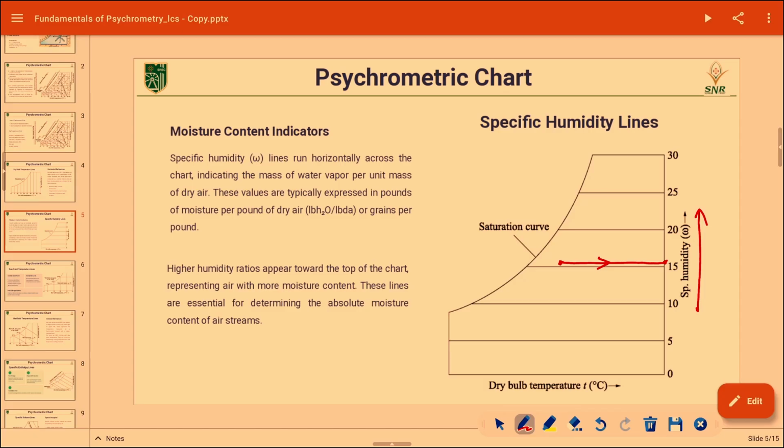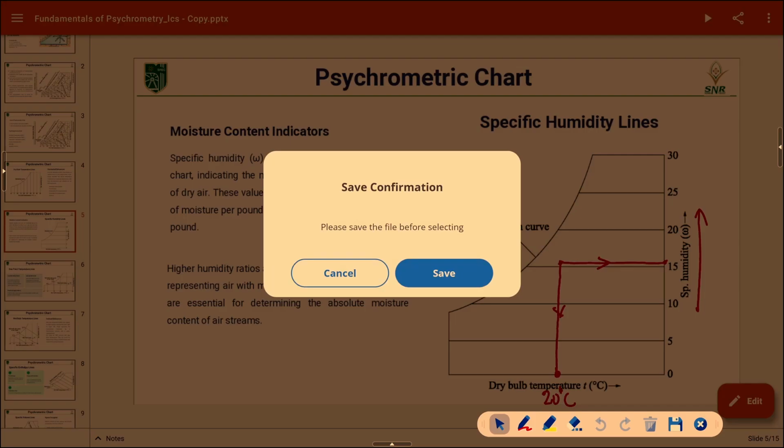Now take the dry bulb temperature, move down vertically, and take the value here, say 20 degrees Celsius. So, these are the values of dry bulb temperature and specific humidity, which we can directly take from the psychrometric chart.